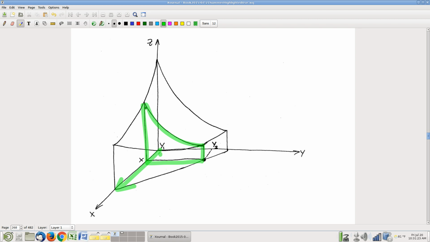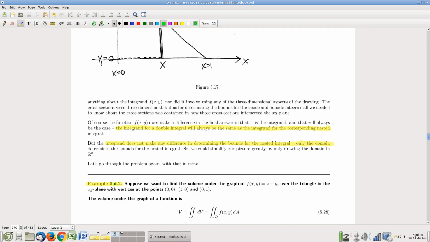Well, on the two-dimensional picture, x is going from there to there, and the slices just look like this. I don't draw the height, I already know how height relates to this question. It's got nothing to do with my bounds. I'm going to draw just those slices of the domain instead of the slices of the solid. Okay, so that's what we're going to do here.